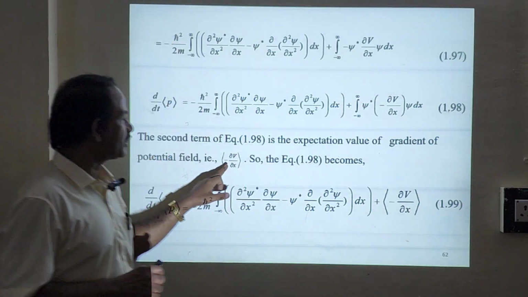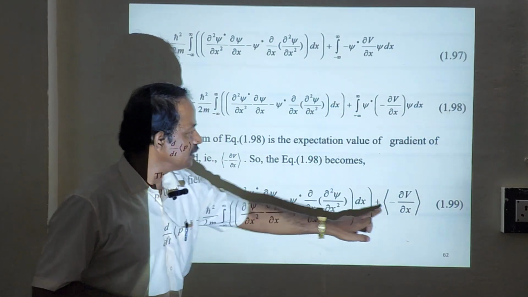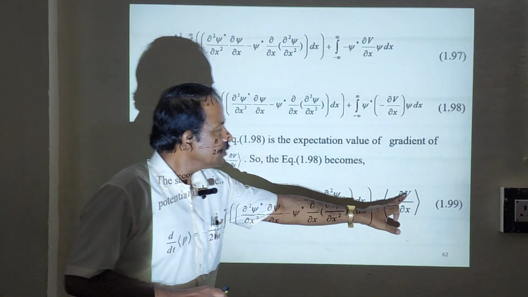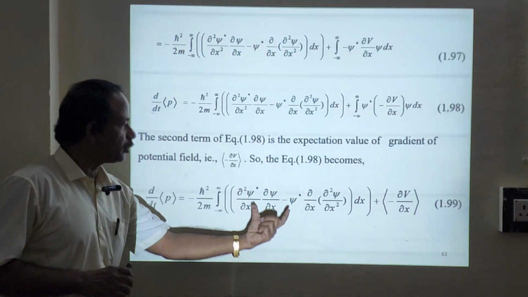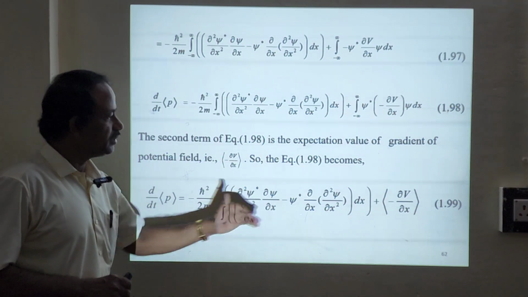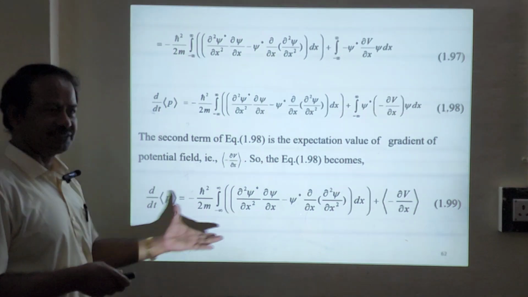So the second term can be written like this. We can replace the second term as the expectation value of the gradient of the potential energy. This term we have brought exactly the same as it is. So this equation becomes this equation. Any doubt? Very simple one.